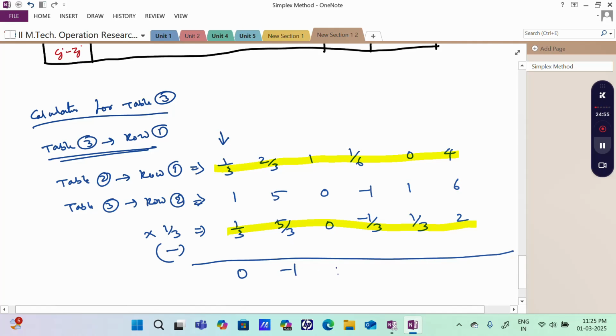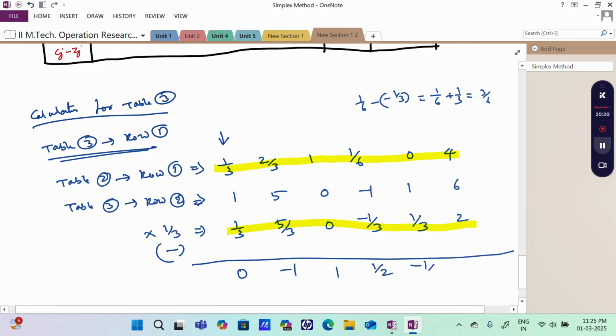Then 1, then 1 by 6 minus of minus 1 by 3, so 1 by 6 plus 1 by 3, which with 2 by 2 gives 3 by 6, a 1 by 2.